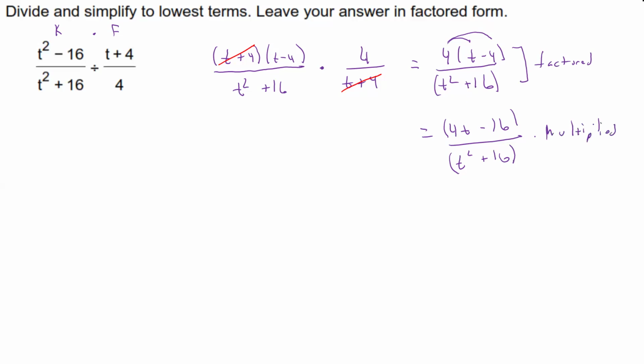Okay, and it says leave it in factored form, so that's where we would leave it. Sometimes they'll say put it in multiplied out form, and so we'd have to take it there. So this is just to show you, depending on what they ask you for, you might have to do one or the other. So factored form is what we want in this case.